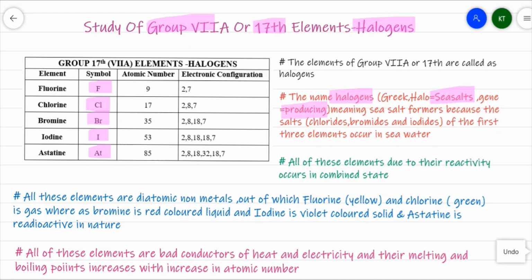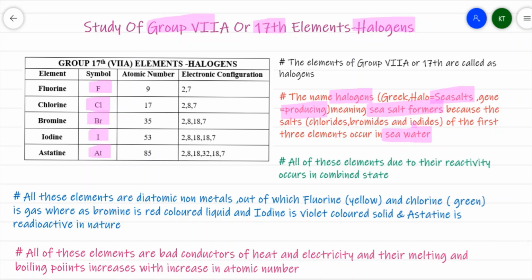So these elements are sea salt formers, because with sodium we get salts like sodium fluoride, sodium chloride and sodium bromide, and to some extent sodium iodide in seawater. Chloride, bromide and iodides are present in the form of salt in seawater. That's why they are called sea salt formers, or commonly known as halogens.